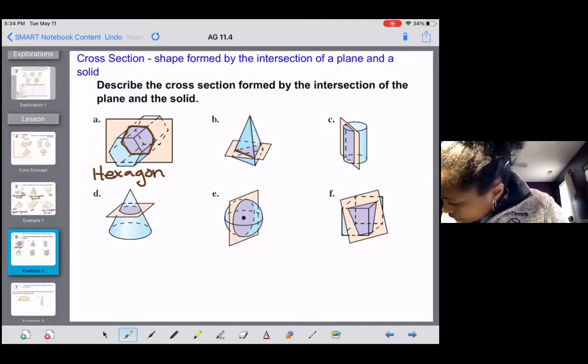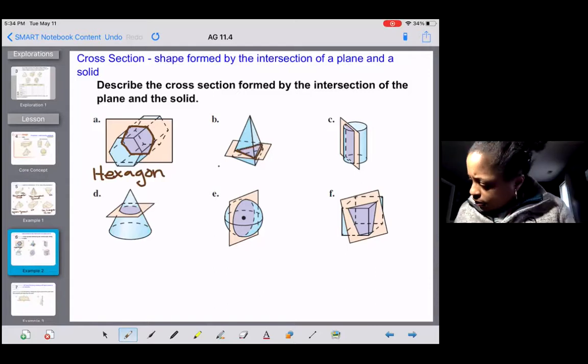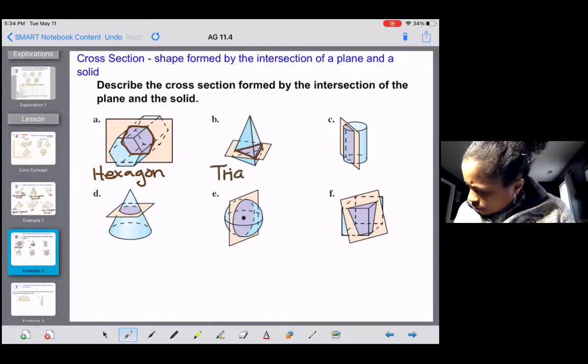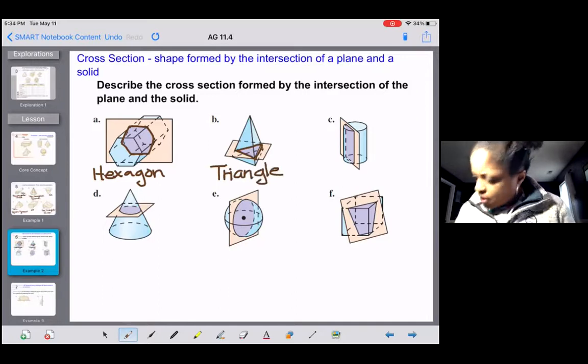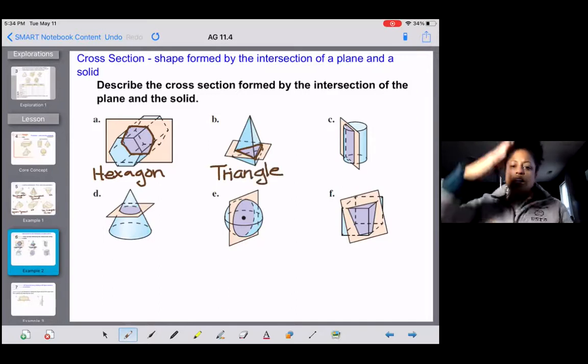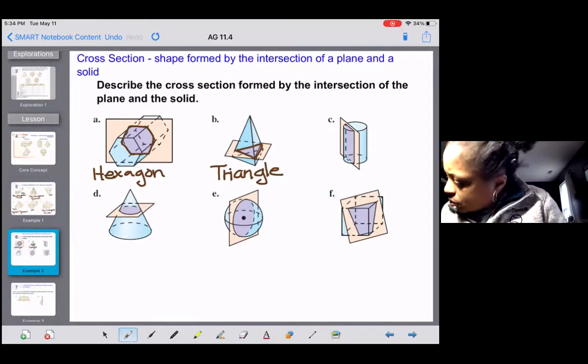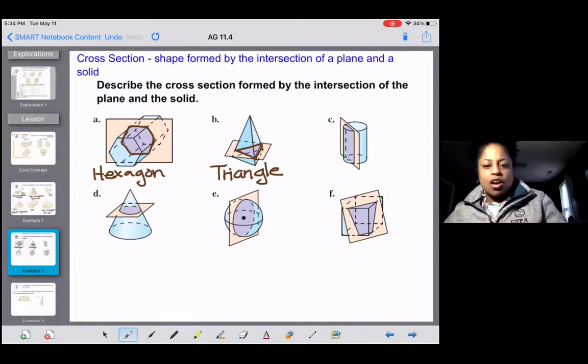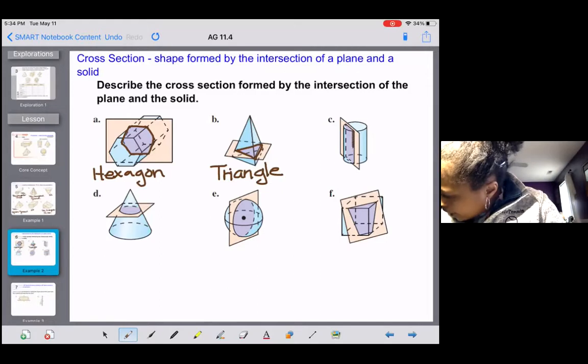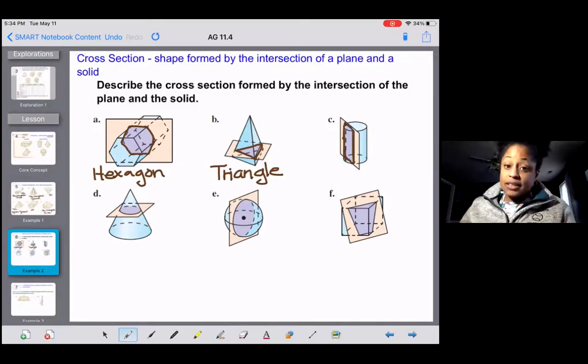I would have something with edges that look like that. That would be a triangle. And then for C, if I were to cut that cylinder right down, it's not really the middle, but if I were to cut it in half long ways, that's a rectangle.